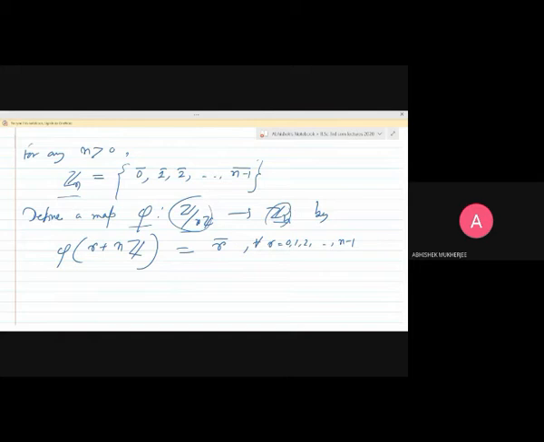As a group, these two groups will be the same. Okay, fine.